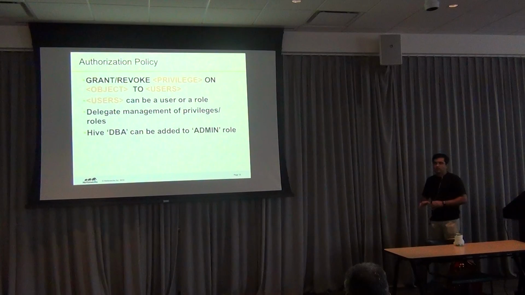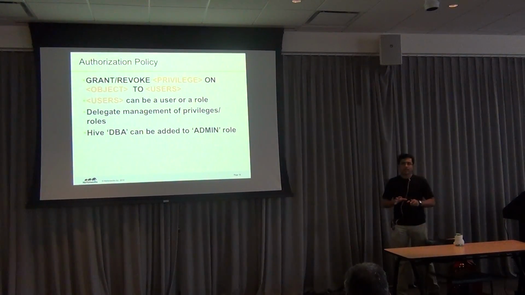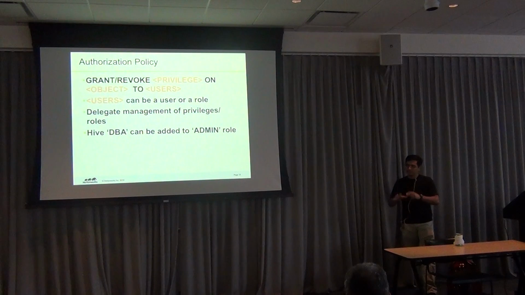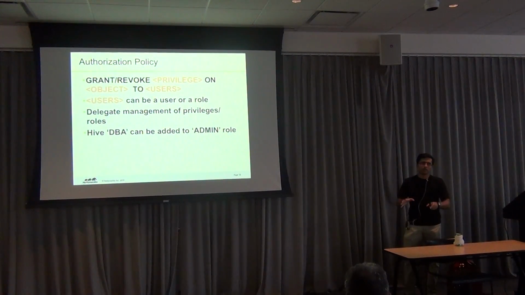And this is how, at a high level, the authorization policy in SQL standard authorization looks like. There are a lot of details which is well documented in the Hive SQL standard authorization wiki page.